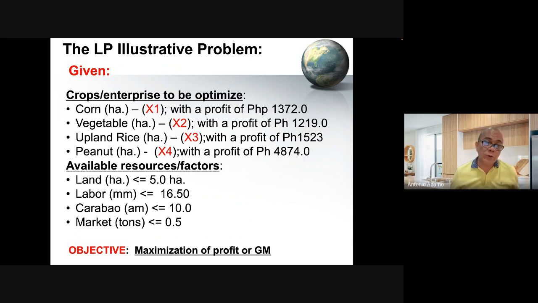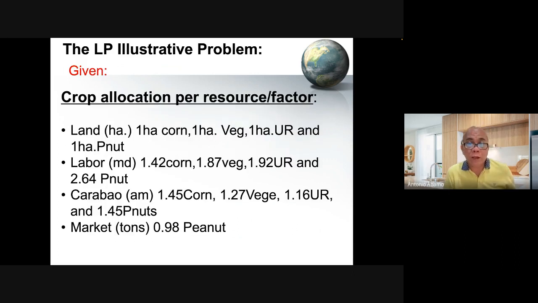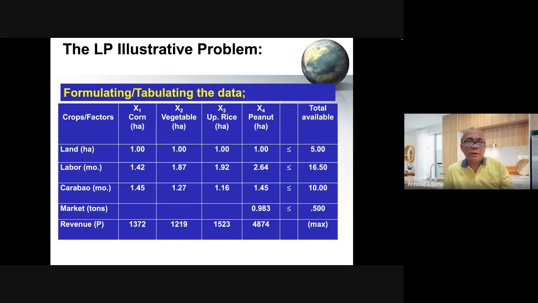If you take a look at the story of the problem. So, crop allocation per resource, you have land, 1 hectare, corn, 1 hectare, and then labor, 1.42, 1.87, and 1.9 for upland rice. Carabao, and so on, market, 0.98 for peanuts. Then, given all these constraints, we tabulate the data.